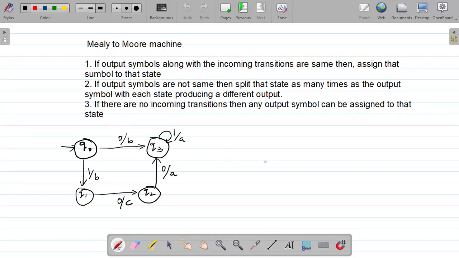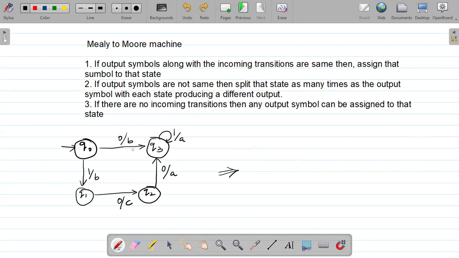There are three things we need to take care of. I'll go through them, and then based on that we will convert this Mealy machine to a Moore machine. First, if the output symbols along with the incoming transitions are the same, assign that symbol to that state. Second, if the output symbols are not the same, then split that state as many times as the number of output symbols, with each state producing a different output.